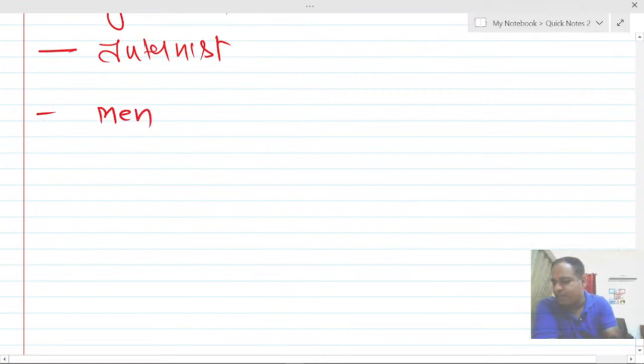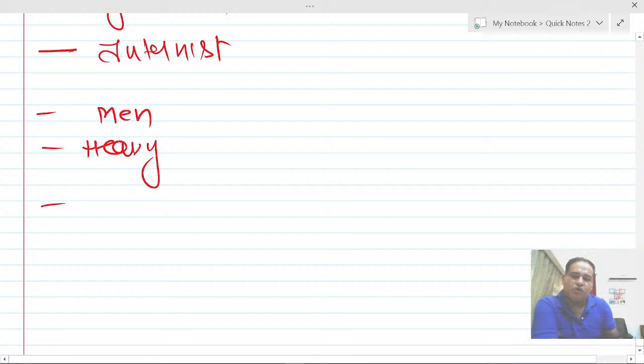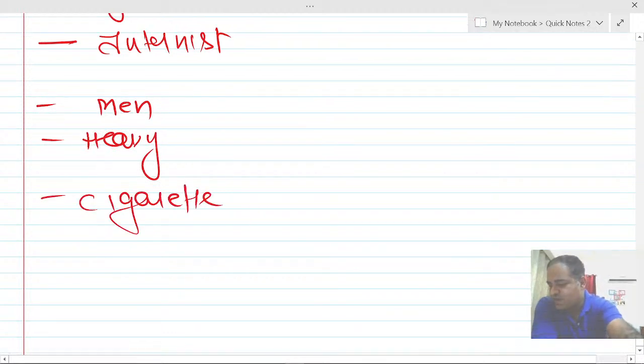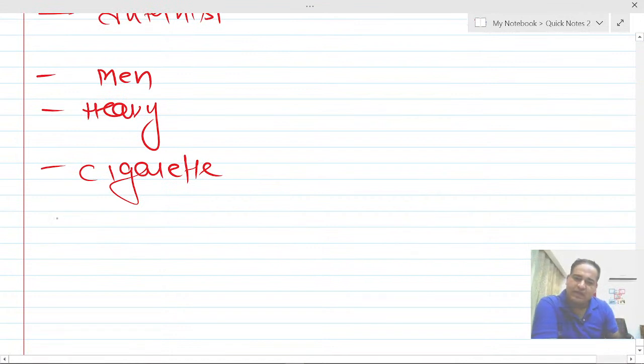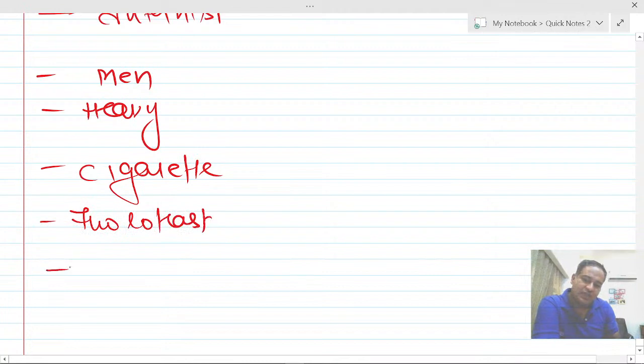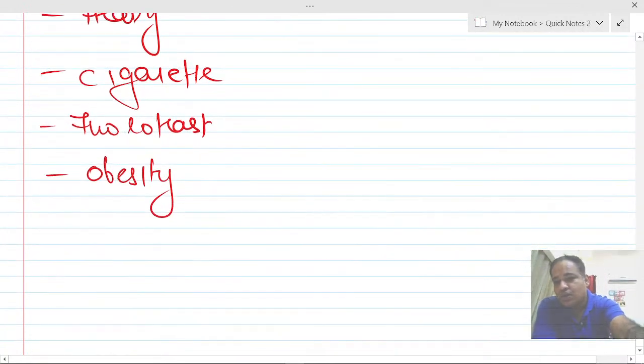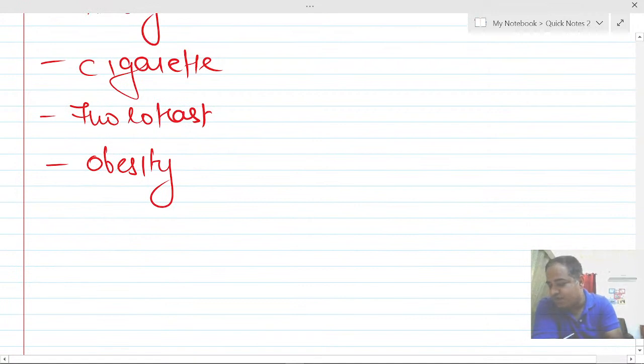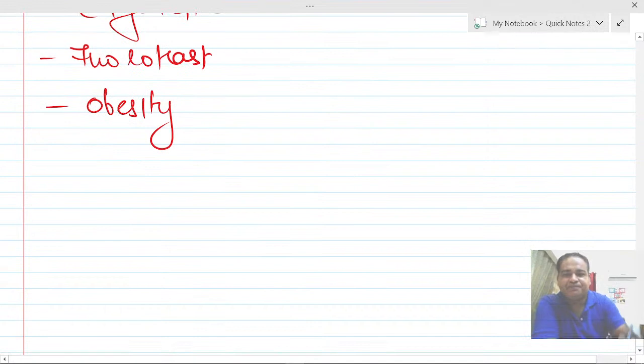It is more common in men. Risk factors include heavy metal poisoning from occupational exposure, cigarette smoking, and thorotrast exposure. Remember, that is the one which also causes hepatocellular carcinoma. It is common in the obese.